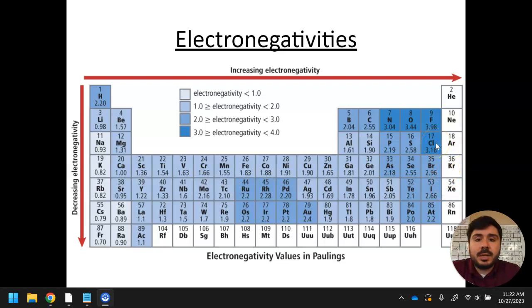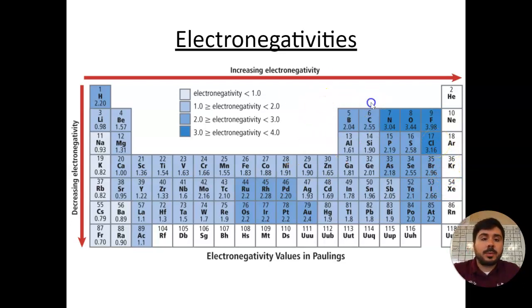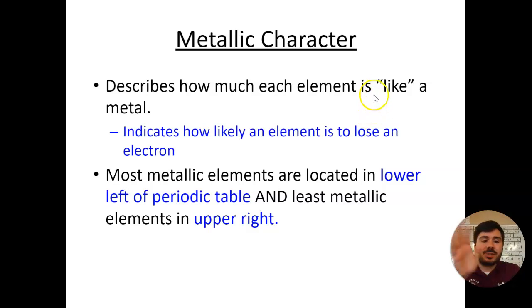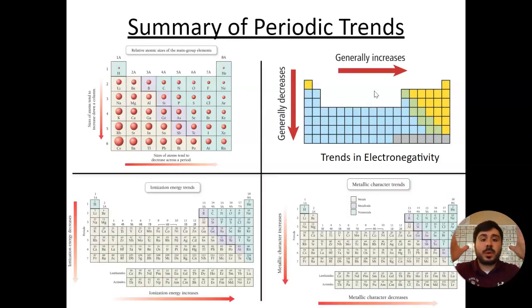So this is kind of like an overall picture of electronegativity, but I'm going to skip this. Metallic character, I'm going to skip that as well. This is a really great slide. It has all of the trends I had you highlight and mark as important on the last few slides, all in one concise spot. In each of the four quadrants, we're talking about atomic radius in the top left, ionization energy here, metallic character, which we're not focusing too much on, and electronegativity here.